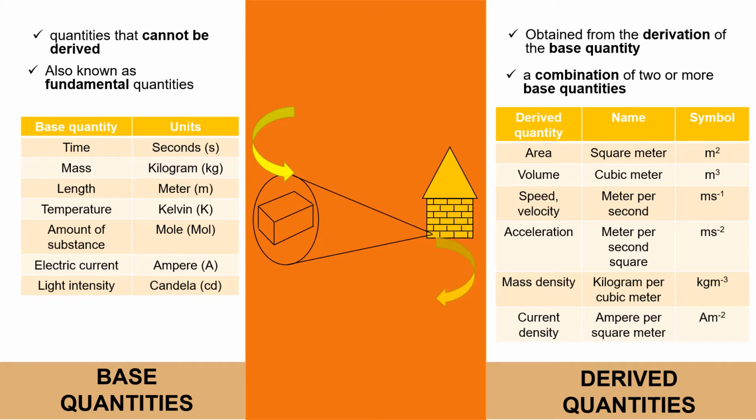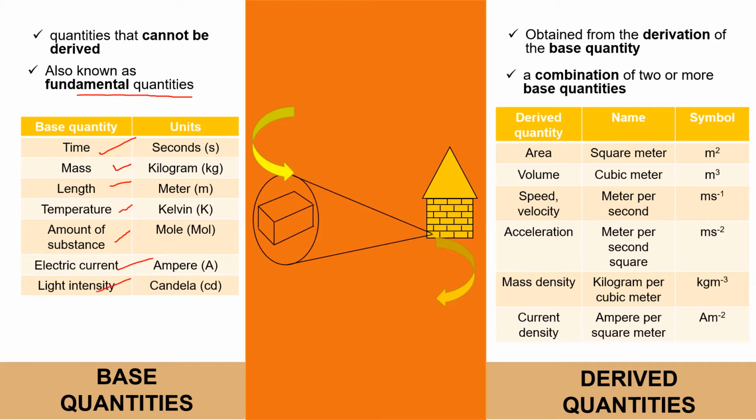For example, time cannot be derived, the unit is second. So that is a base quantity, also known as fundamental quantities. For example, we have time, mass, length, temperature, amount of substance in the unit mole, electric current, the unit is ampere, and light intensity, the unit is candela.